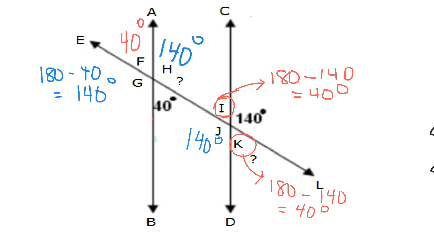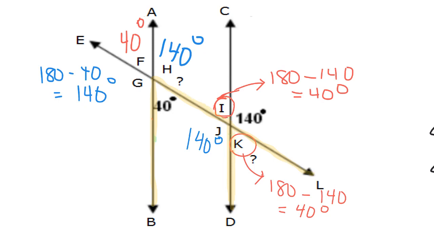Okay, another way that you could also figure out angle K uses corresponding angles, or the F pattern. It is kind of hard to see when it's not directly in front of you, plus our diagram is rotated a little bit, but I've highlighted it here for you in yellow.